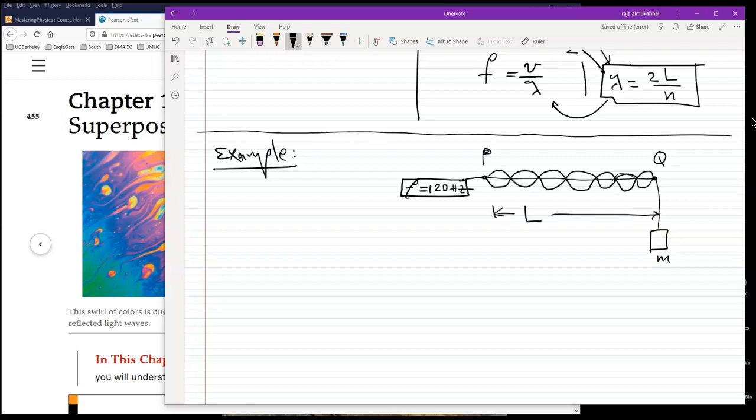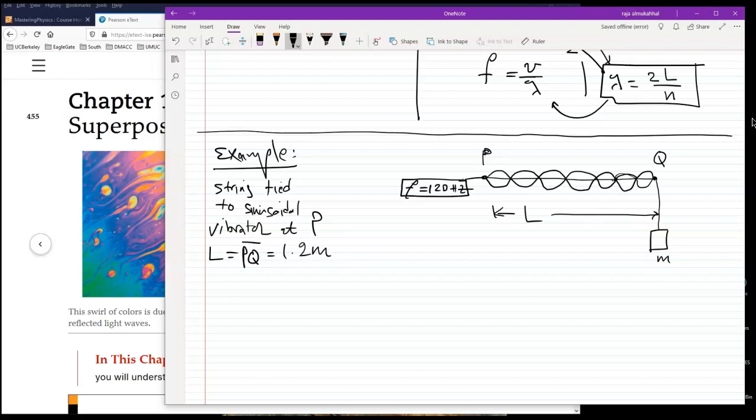Okay, so the statement of the problem says you have a string tied to a sinusoidal vibrator at point P, and the length L, or PQ, is equal to 1.2 meters.